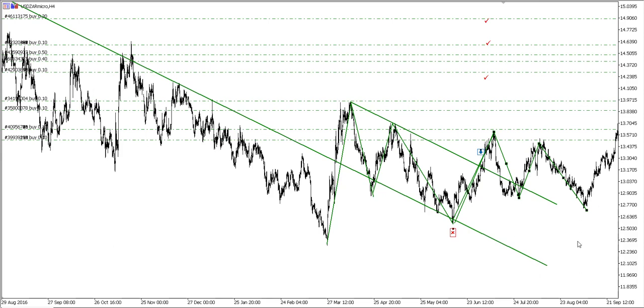We don't care how many waves there are. 3, 5, 7, 9, as long as it checks out our criteria of one, taking longer than the impulse, and two, having overlapping waves, then it is a corrective movement, no matter how many waves it has. So that's another important point to take into account.